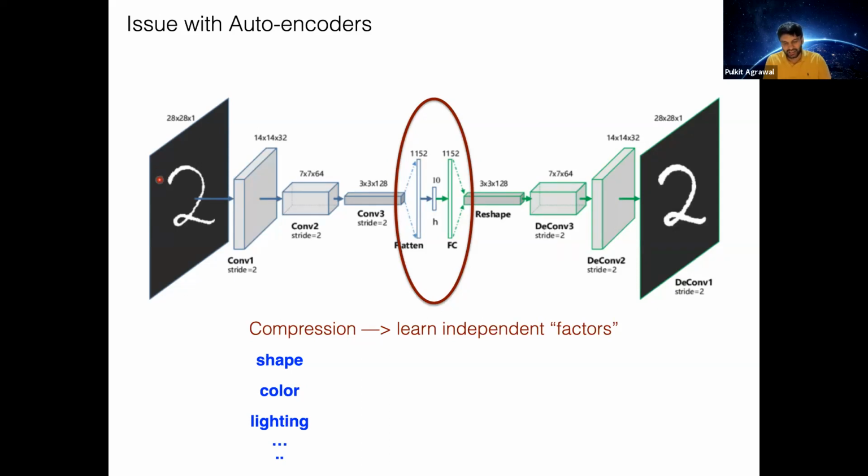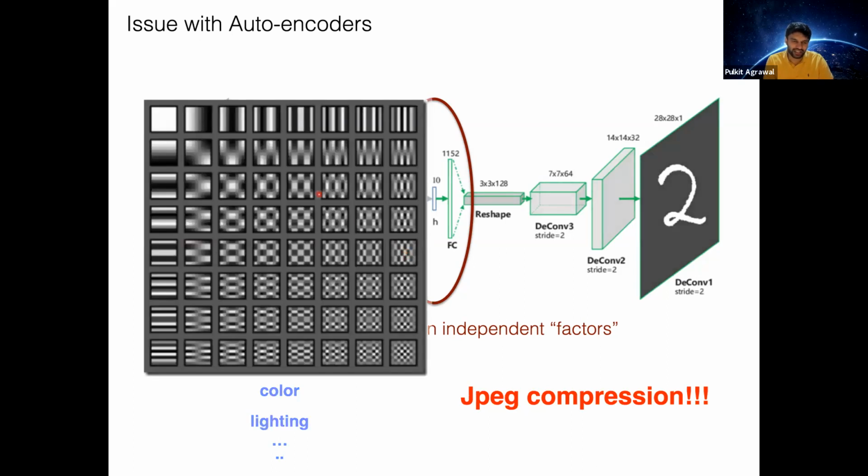But it turns out that there are other ways to compress it also. For example, JPEG compression is also a very good way to compress it. What does JPEG compression look like? These are the features which JPEG compression would capture. Some very high frequency features, some very low frequency features, but these features are not semantic at all.